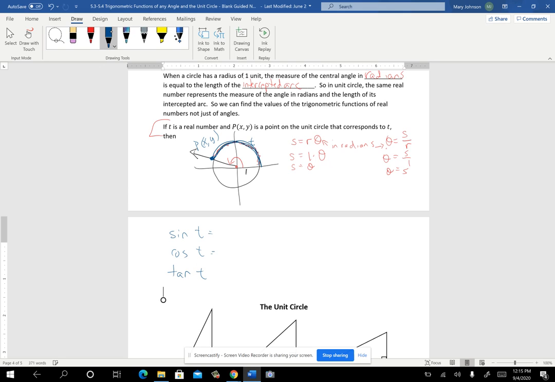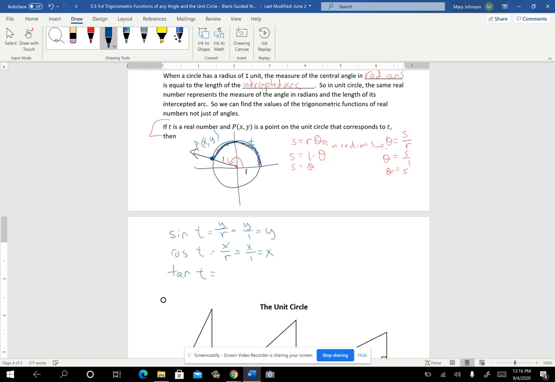Okay. But we're going to work it out pretty much like we did when we had the point (x, y) earlier, and we had this right here being the radius of the circle. It's just now it's a radius of 1. So sine was defined to be y over r, but r is 1. So sine is going to be the y coordinate of that point. Cosine is x over r, r is 1.